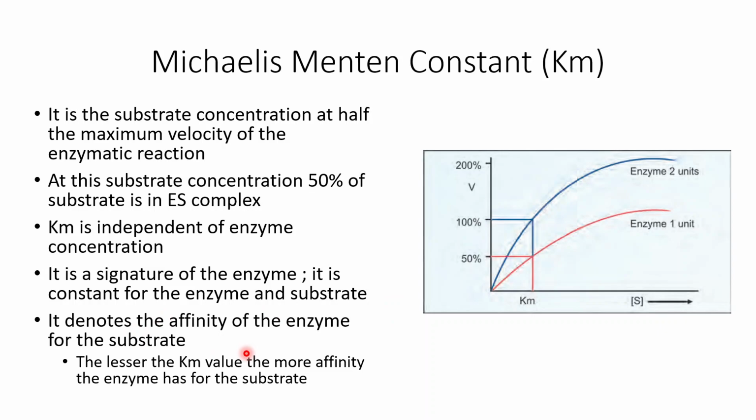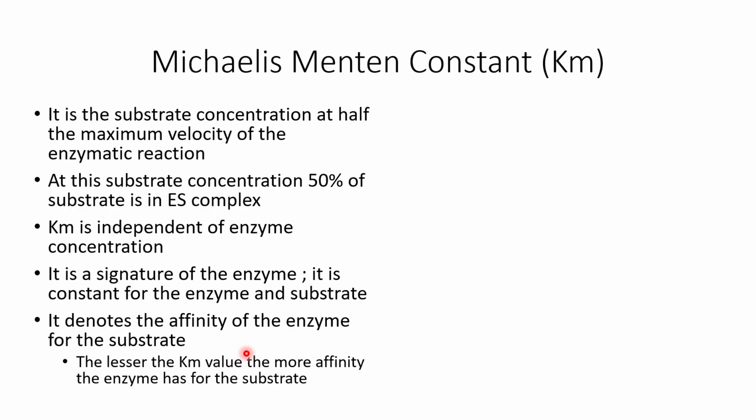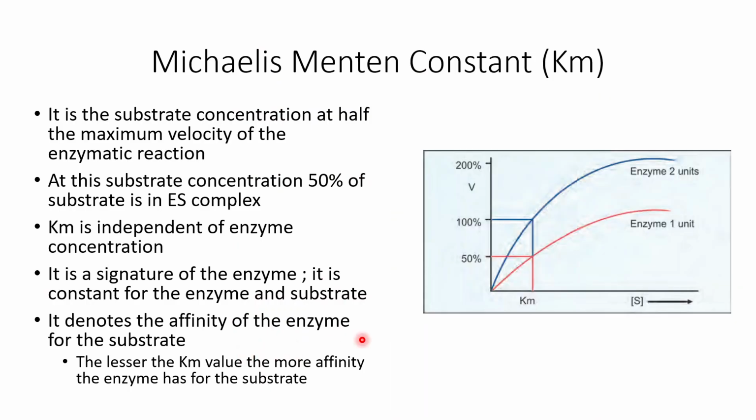The lesser the Km value, the more affinity the enzyme has for the substrate. So let us again see over here. If the Km value is more, that means the affinity is less, and if the Km value is less, that means the affinity is more.